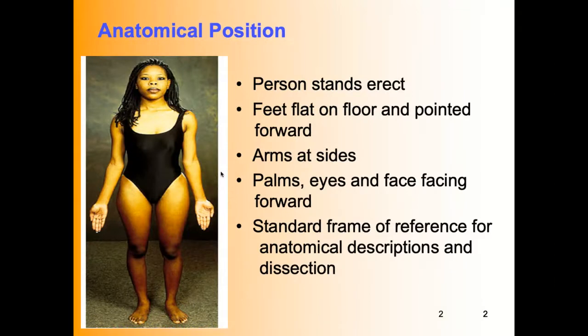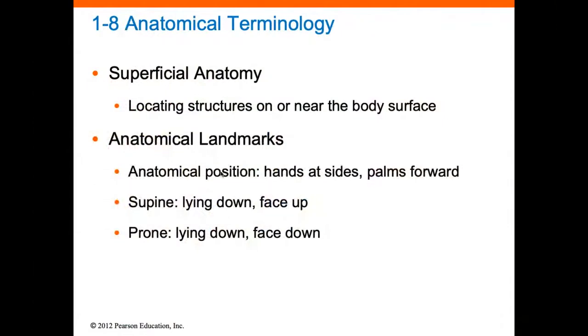It's the reference point that we start at when we look at other terminology like medial, lateral, superior, inferior, proximal, distal, anterior, posterior. We have to start in anatomical position when using a lot of these terms that I'll spend some time going over today.